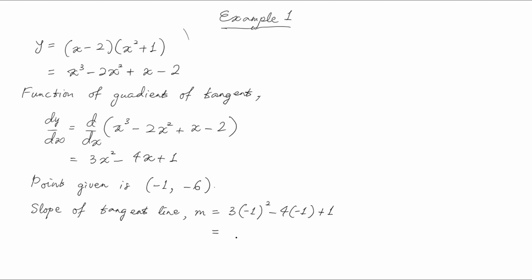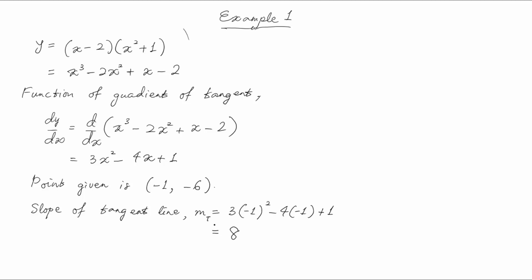So now our m value will be 8. As we have mentioned before, it's always good to put t over here so that we know it's a slope of the tangent line. In the later part, we're going to use m and a big capital N over here to signify the slope of a normal line, so it's very easy to distinguish between each other.